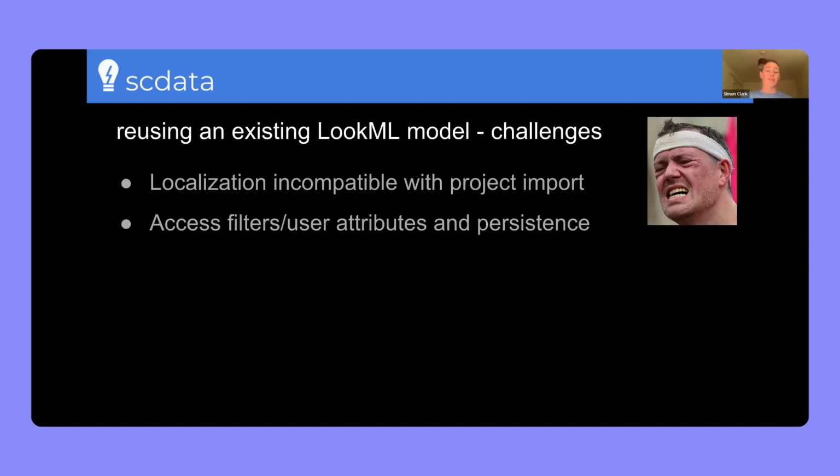The access filters, or even if you're using SQL always where, if you're referencing a user attribute and there's some persistence involved, Looker's going to complain, because what will happen is if our Calvin Klein user comes along, runs something, Looker will say, oh, I need to build this table with Calvin Klein in the filter. If another partner comes along, Looker will say, oh, I need to build the table again, which is not great if you're persisting stuff. Solutions to that: you could copy and paste the code and remove the persistence.